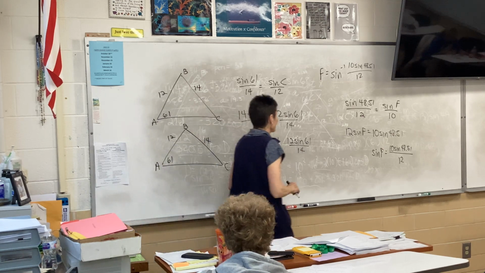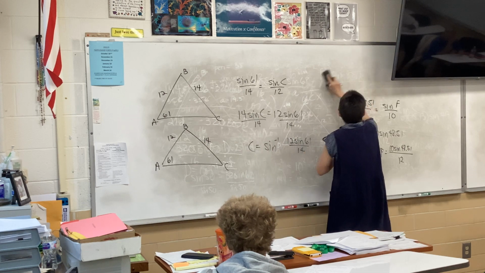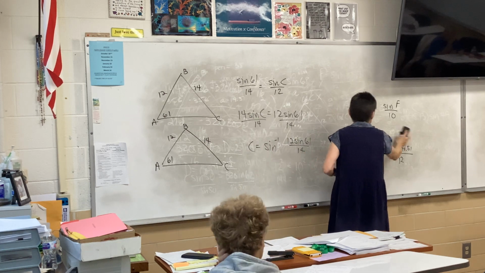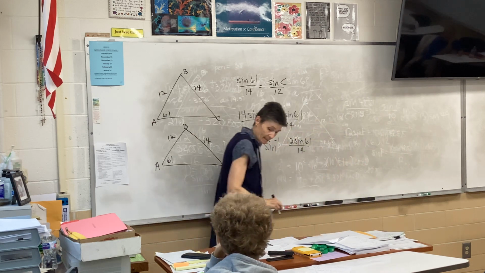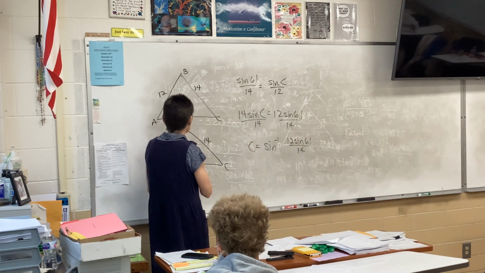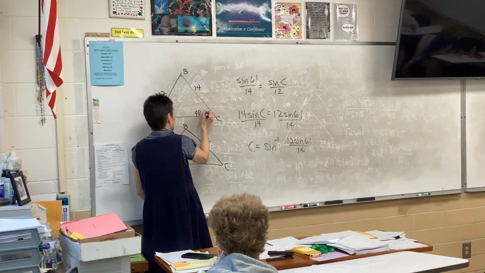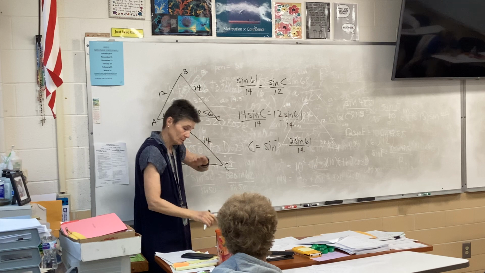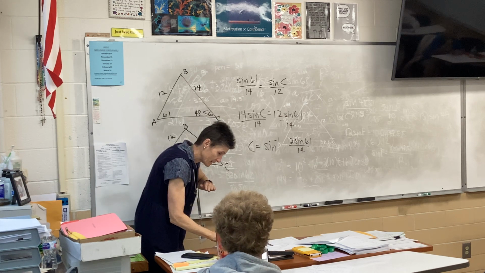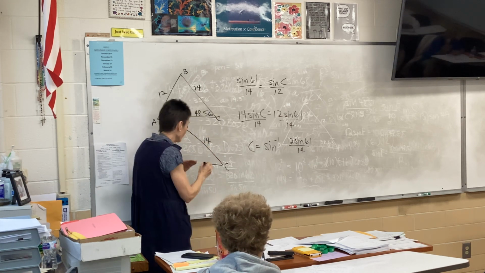I always kind of hope I get an error. But I didn't. Did you get an answer? Yeah, 48.56. So then what do I automatically do? Subtract that from 180, 131.44.